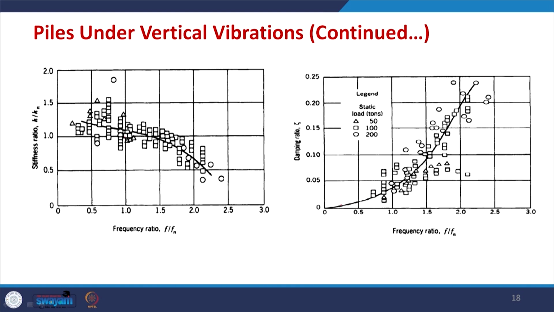It was almost 0 here and then continuously, exponentially increases. So, when the frequency ratio becomes about 2, or let us say about 2.4, then you get around 25% or 24% damping ratio. So, this was the case all for vertical vibrations, and in vertical vibration we have considered two cases. One was for point bearing piles and another was for end bearing piles.